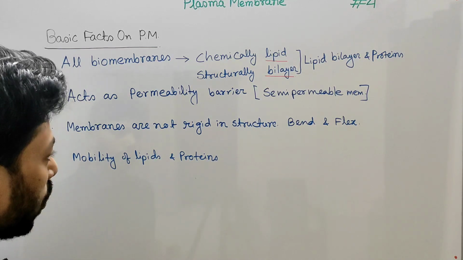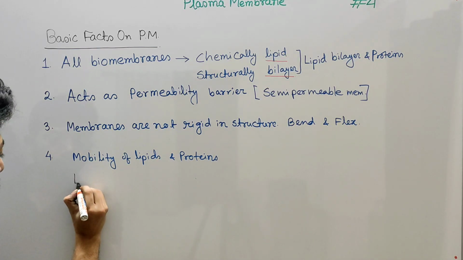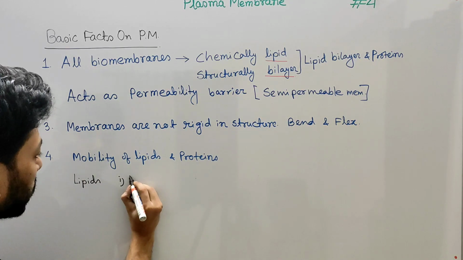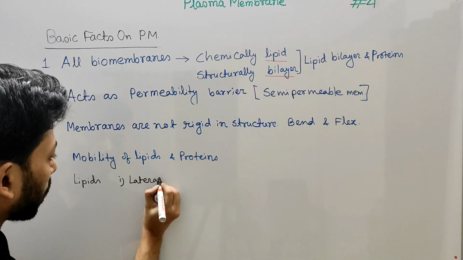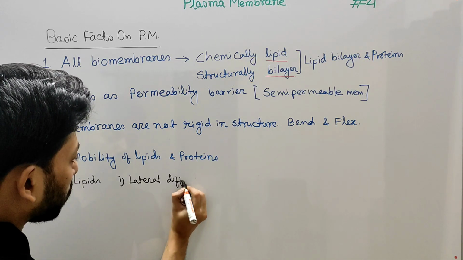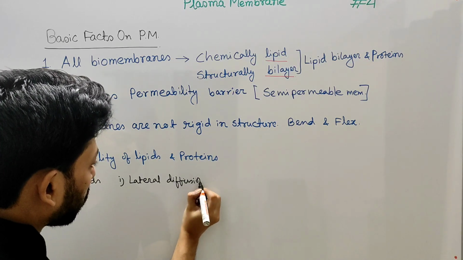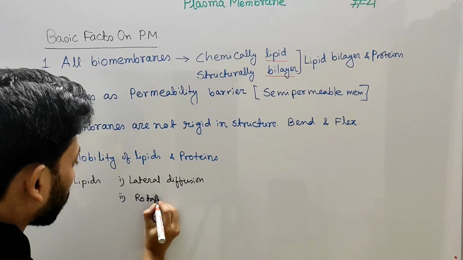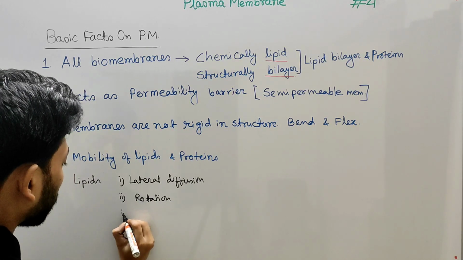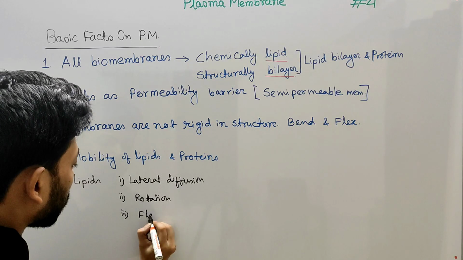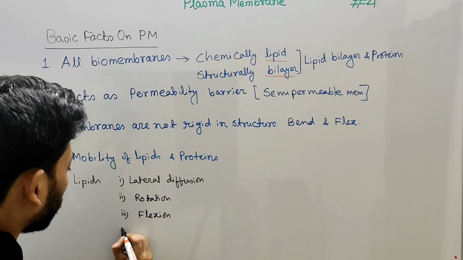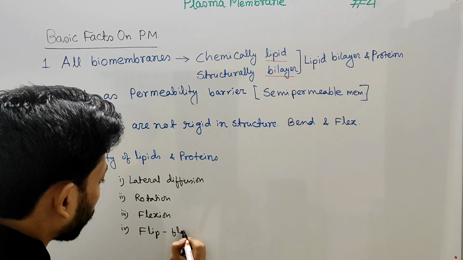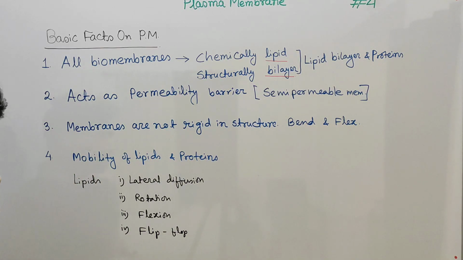Now lipids in the plasma membrane show 4 different types of movement. One is lateral diffusion. Second is rotation. Third is flexion. And fourth is flip-flop movement. These 4 different movements are performed by lipids in the plasma membrane.